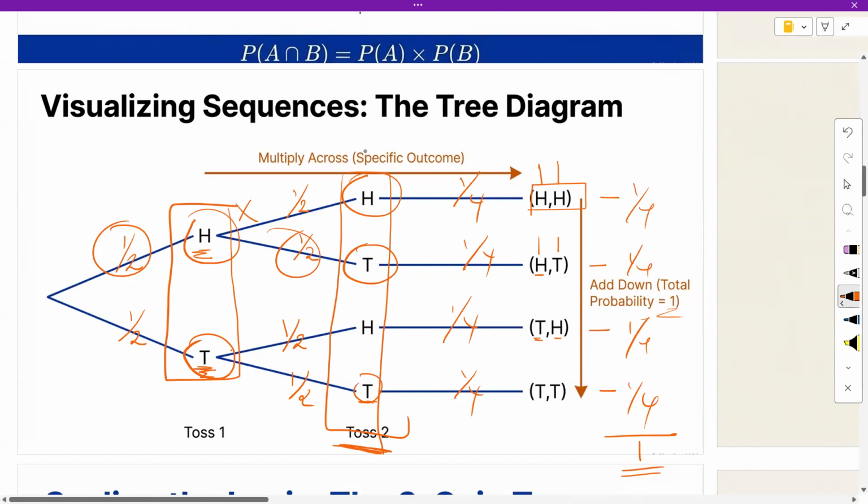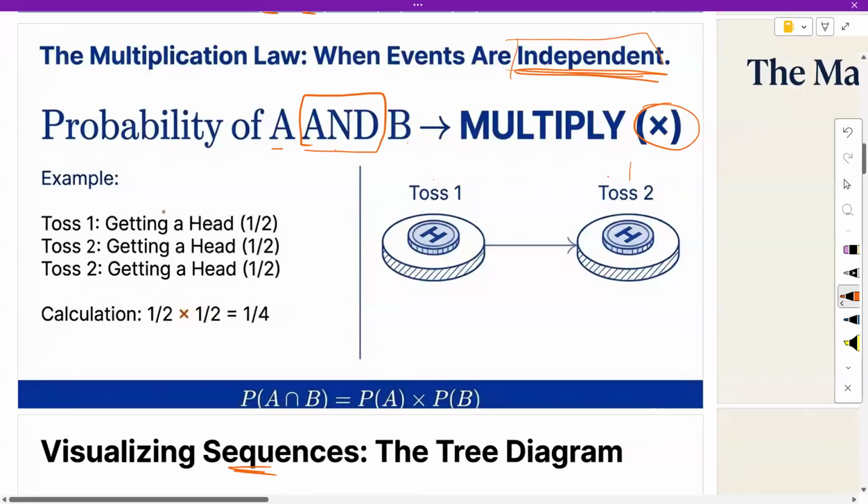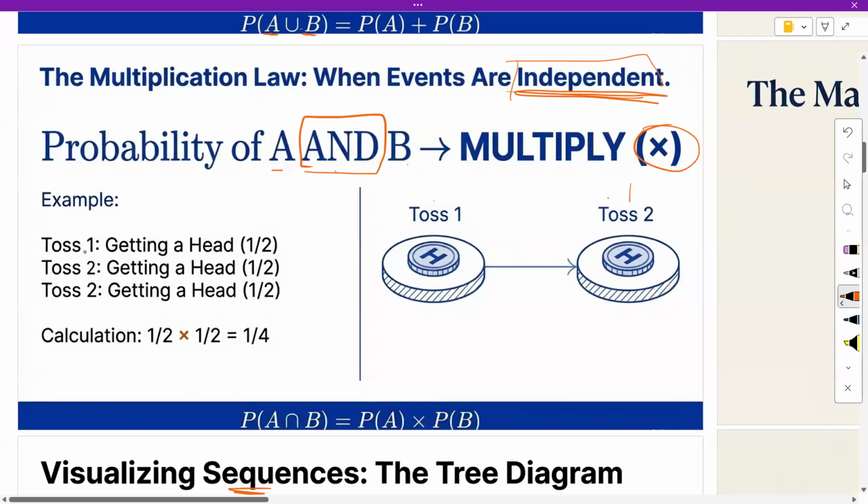So this is the sequence. In toss 1, getting a head, what's the chance? 1 over 2. In the second toss, getting a head, the chance is 1 over 2.